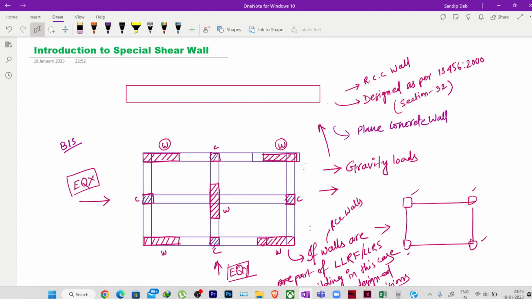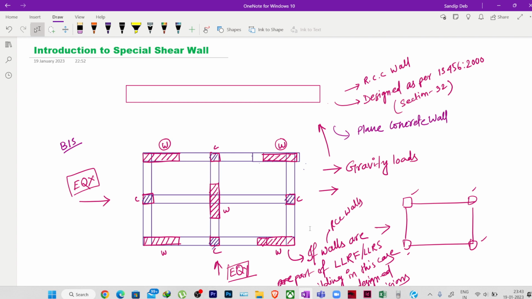Like if you say that I want to design my infill walls, that means my partition walls, as concrete walls, like we do in the Mivan construction. When the Mivan formwork technology is introduced in some high-rise structures, there are shear walls and there are partition walls, but both the shear walls and partition walls, the columns, beams and slabs are cast together with concrete.